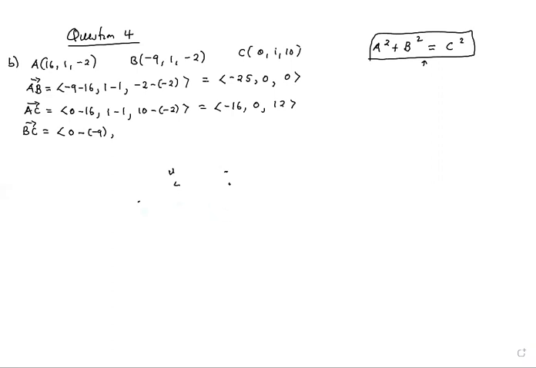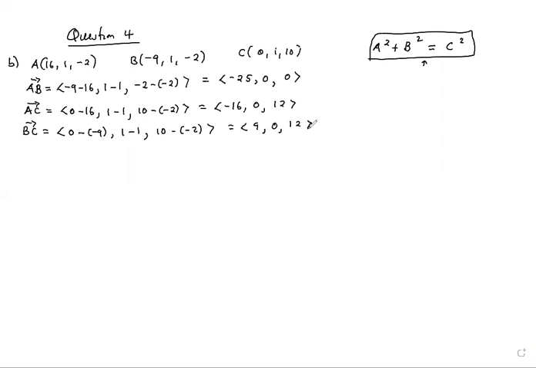So the reason why we're subtracting the inner minus that, we're assuming that we are moving from A going to B, moving from A going to C, moving from B going to C. So we have done 0 minus minus 9, then 1 minus 1, and then 10 minus minus 2, giving us 9, 0, 12.